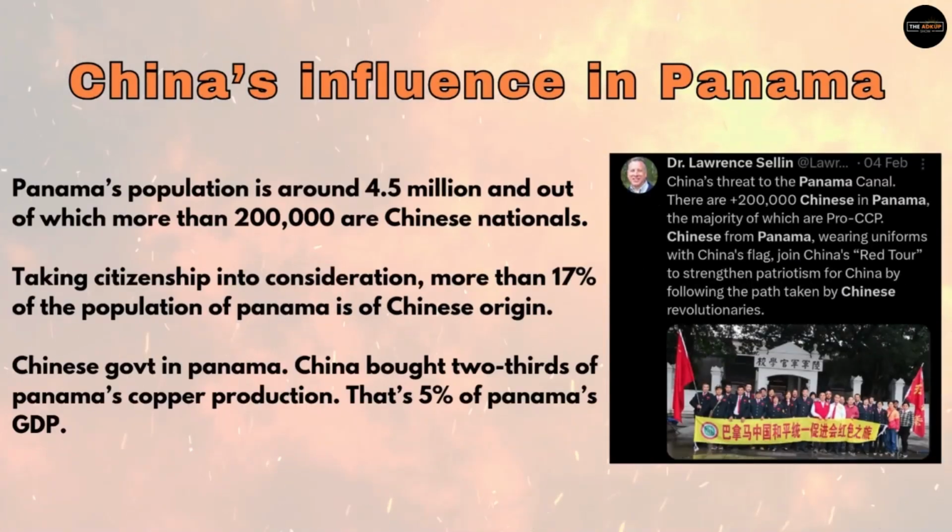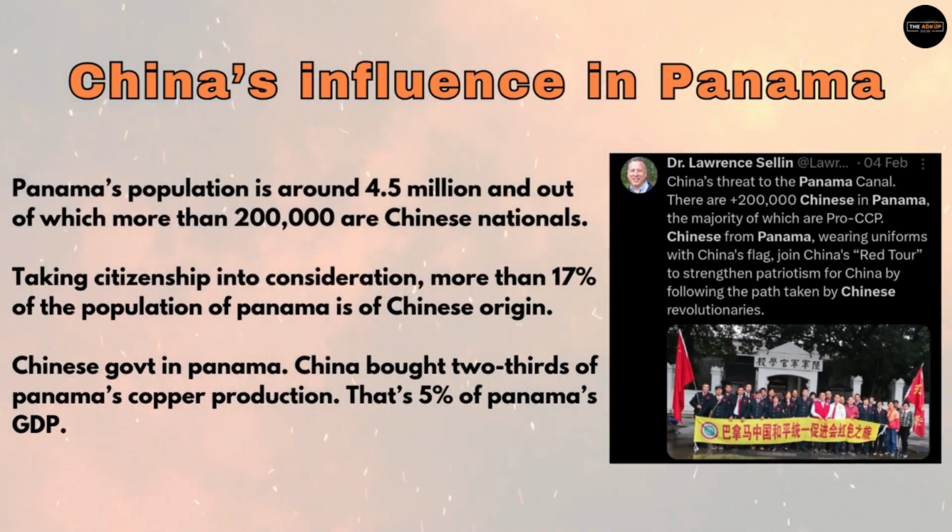But here's the catch. Panama's population is around 4.5 million, out of which more than 200,000 are Chinese nationals. If you take citizenship into consideration, then more than 17% of the population of Panama is of Chinese origin. Not just this, there is active engagement by the Chinese government in Panama.